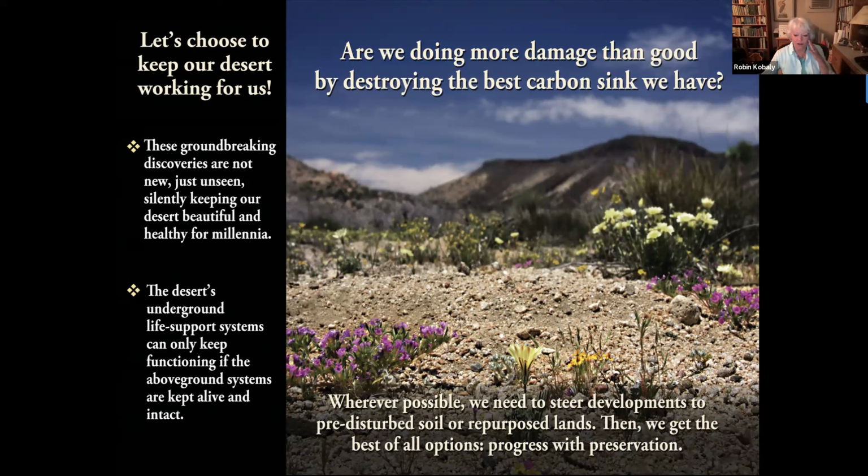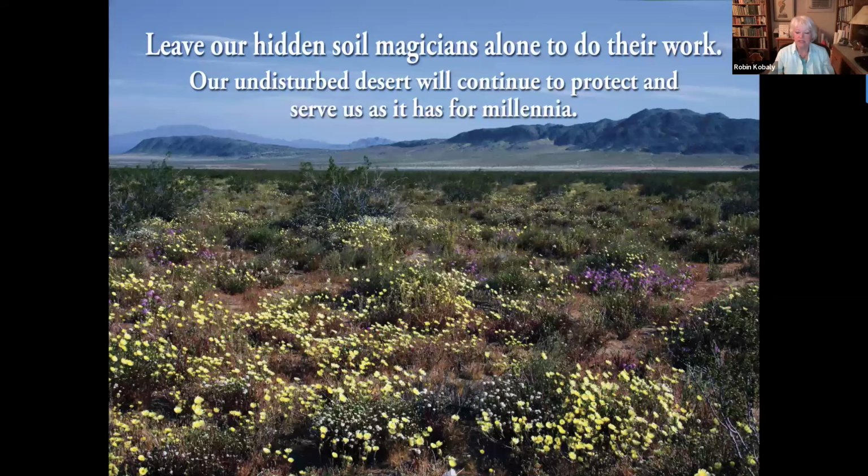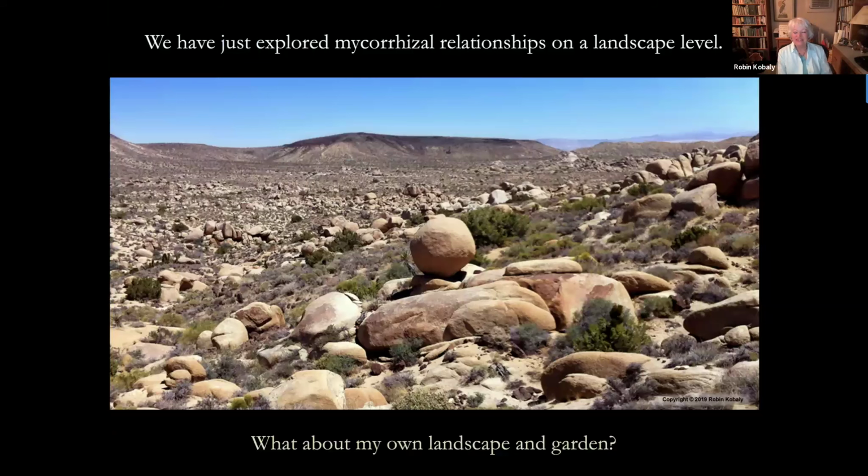So we just all need to think about trying to steer development to repurposed soils and not intact desert soils. It's just so easy: leave our desert soils as intact as possible, because we've got these soil magicians working for us every day, and we're doing nothing to fix that.